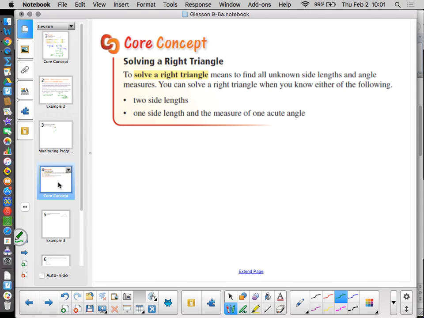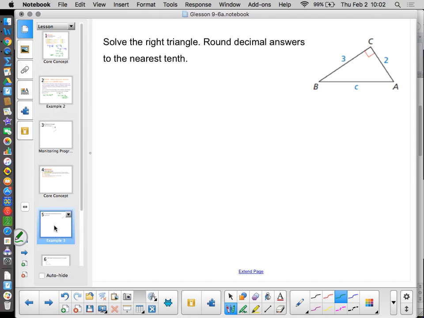And then I'm going to need either two side lengths or one side length and the measure of one acute angle in order to do this. So this is actually kind of an interesting process. Now we can actually find out everything about a right triangle if I know it's right, and two other pieces of information.